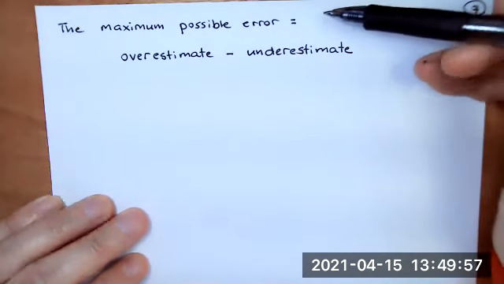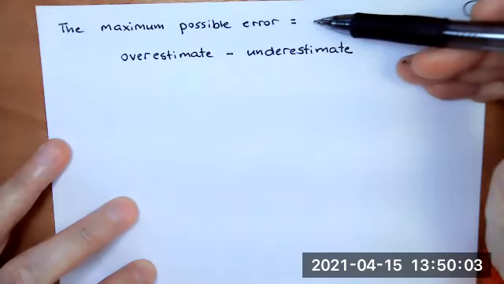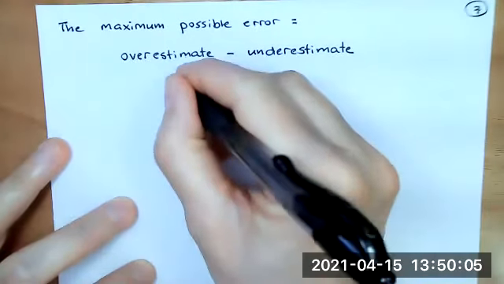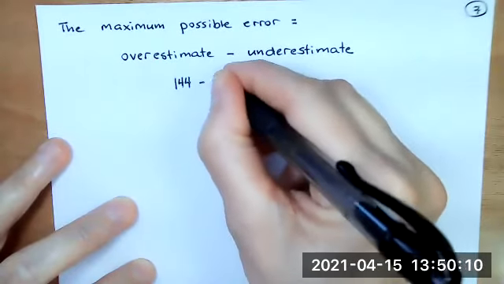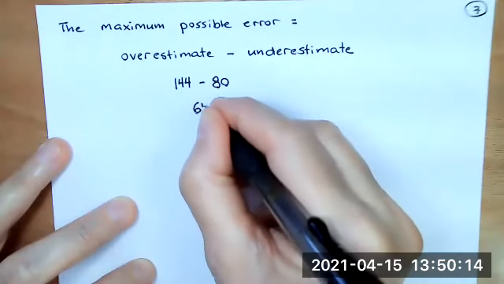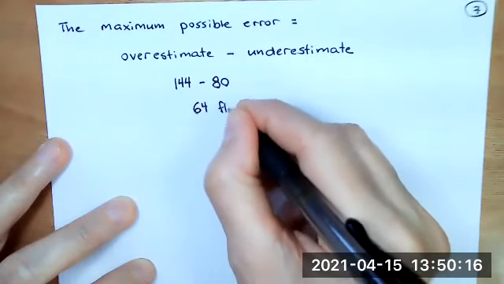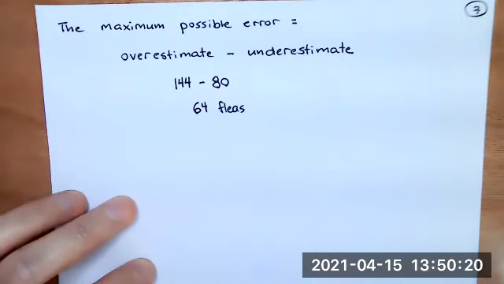Remember, it's only possible to find the maximum possible error because this is a monotonic function. And we simply subtract the underestimate from the overestimate, and we get 64 fleas.